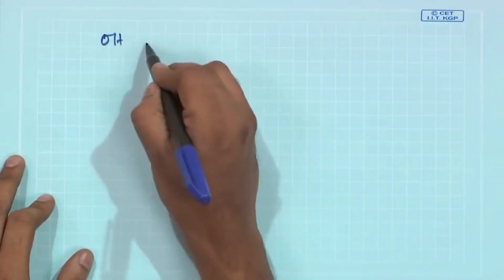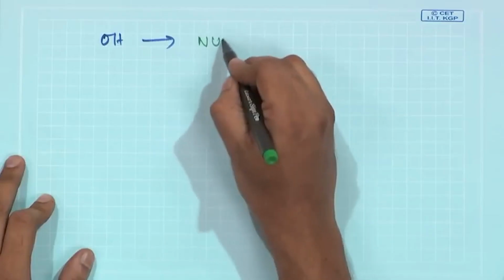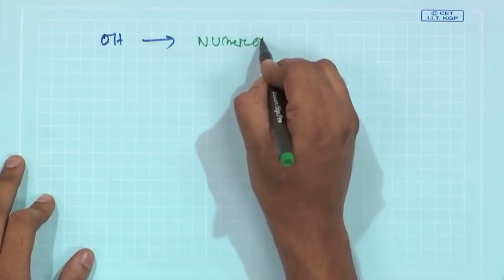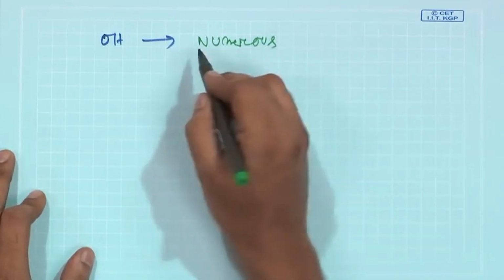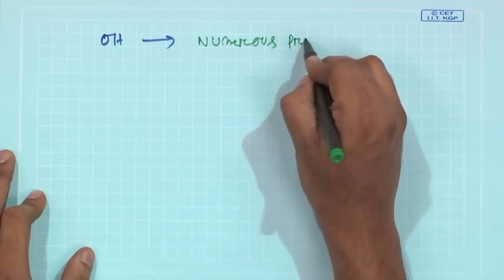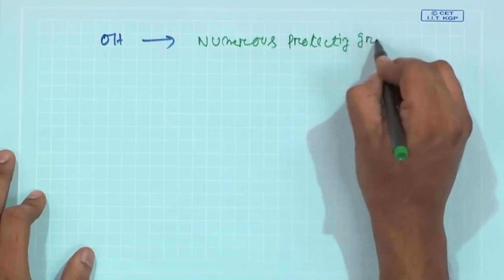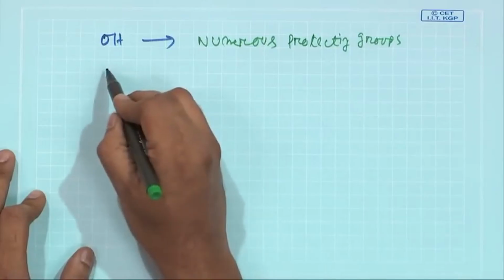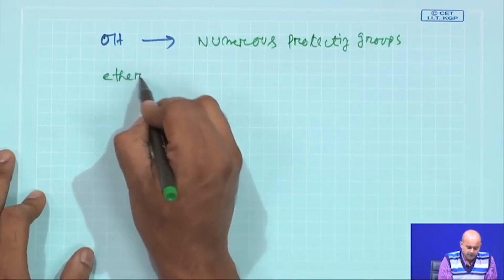The choice is yours. Now, as I said, alcohols can be protected through numerous protecting groups. Mainly you will find that alcohols are the most actively explored functional groups in protecting group chemistry. Numerous protecting groups can be used, mainly alcohols protected as their corresponding ethers.